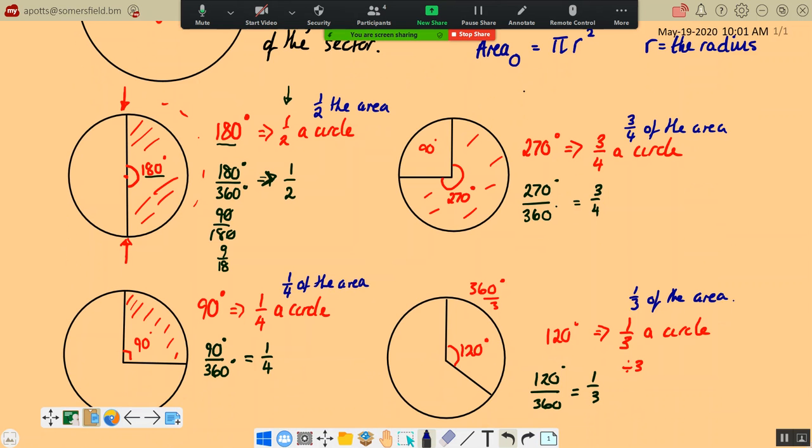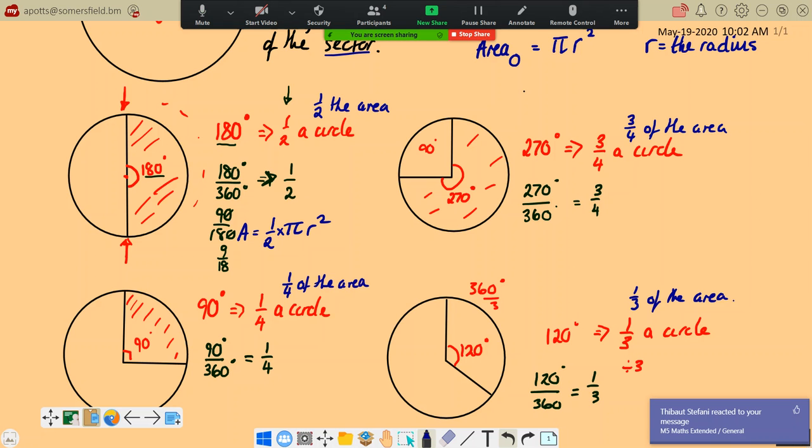So the area of this sector, sorry, I'm getting confused. I would just have 1/2 of, so multiplication is of, so 1/2 of pi r squared.